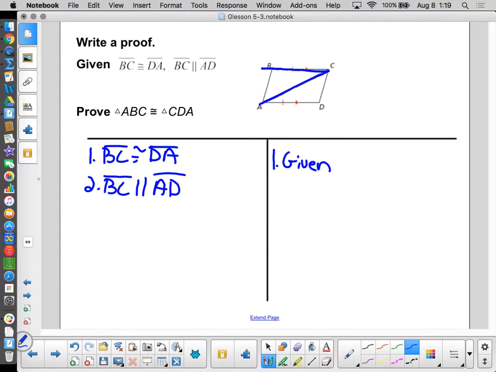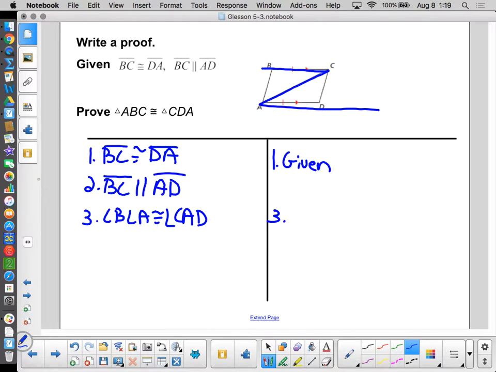And here, I have a pretty clear Z in a parallelogram with a diagonal. Since we're told those sides are parallel and congruent, I can conclude now that the alternate interior angles, angle BCA, must be congruent to angle CAD.